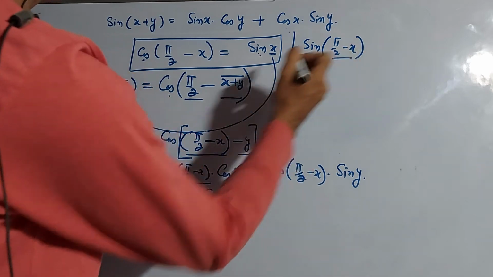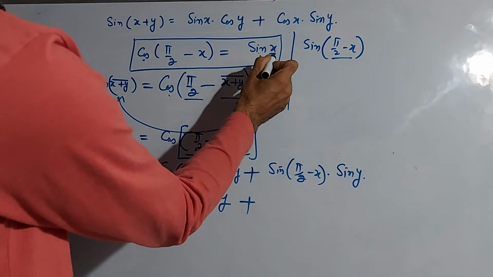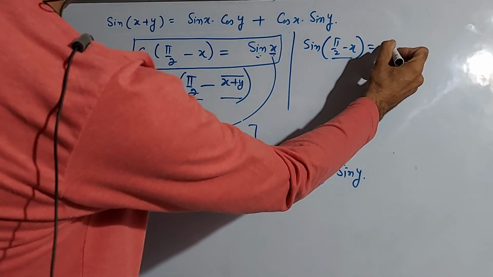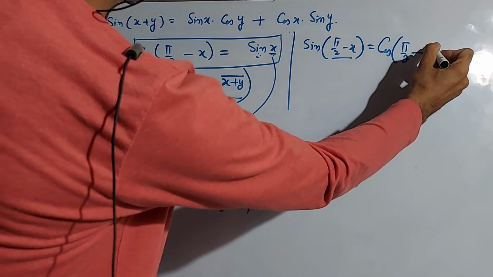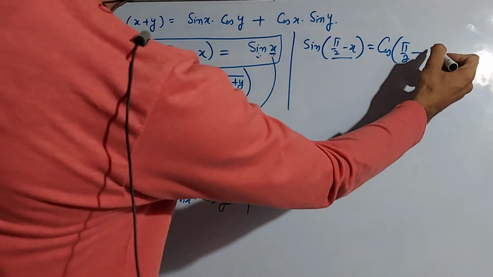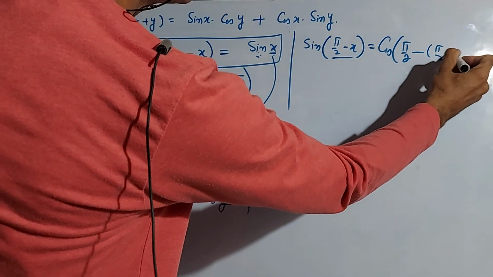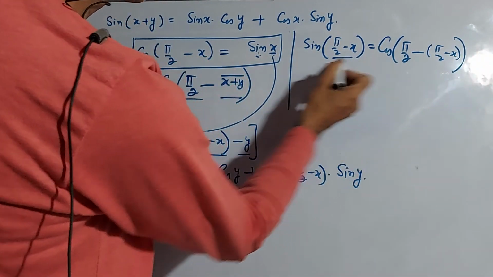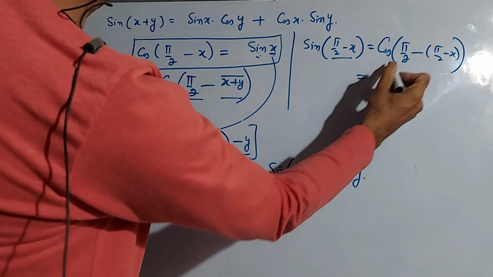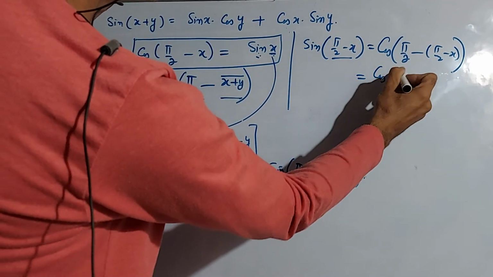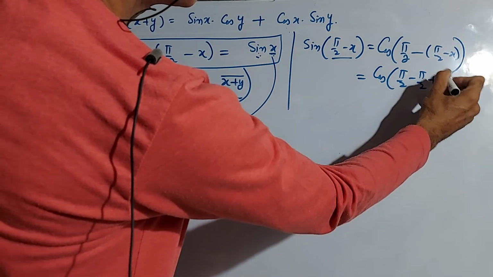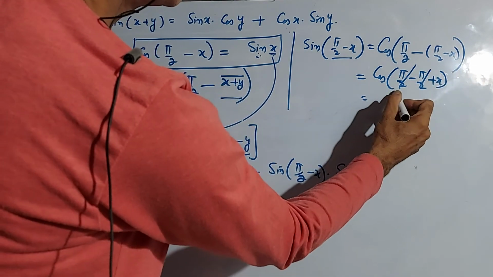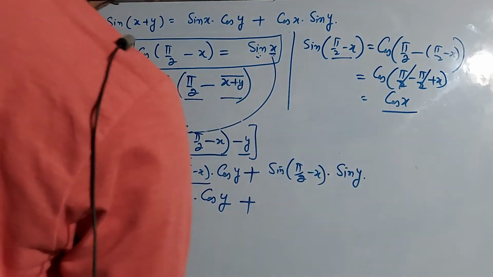If we consider this equal to sine x, then we can write it as cos of pi by 2 minus, and we will use the same formula, pi by 2 minus x. Opening the bracket, pi by 2 minus pi by 2 plus x, since minus minus is plus, pi by 2 will cancel, and this is equal to cos x.